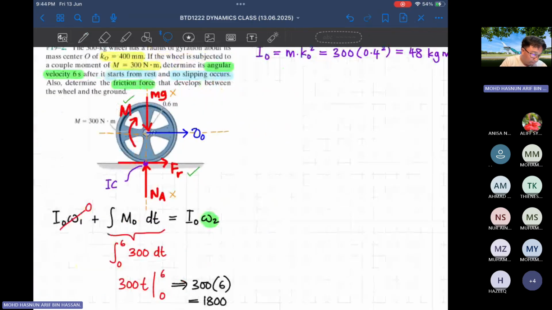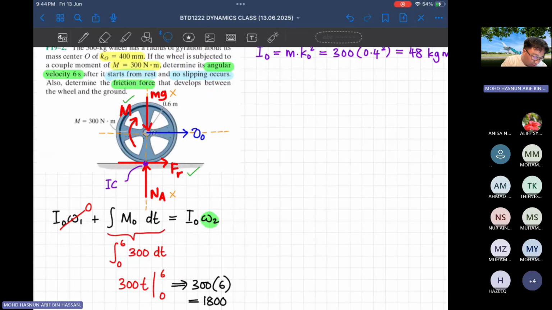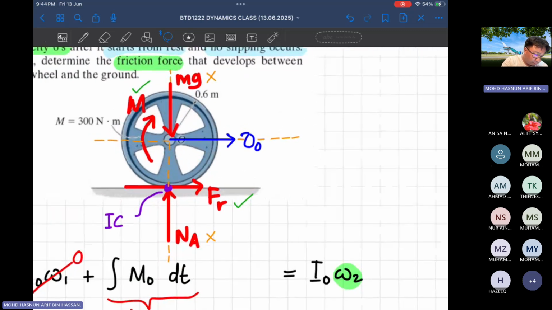So we have the moment ∫M_O dt is equal to 1,800. We need to move this a little bit to the back to include the friction. To transform the friction into moment, you need to multiply with this distance, which is 0.6. If you look at the friction going to point O, it will go in the other direction of the rotation.